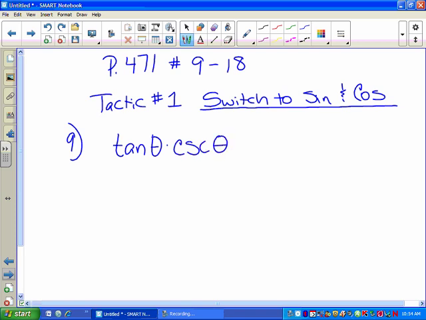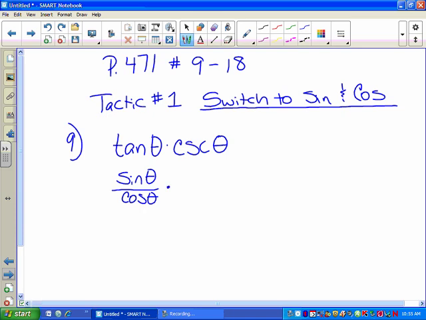So the idea here is, the tactic is, let's switch this to sine and cosine, and then something might happen. We might be able to reduce. So look at your ratios part. Look at tangent theta. Can't tangent theta be written as sine theta over cosine theta?